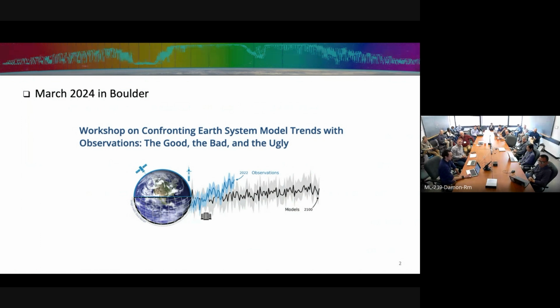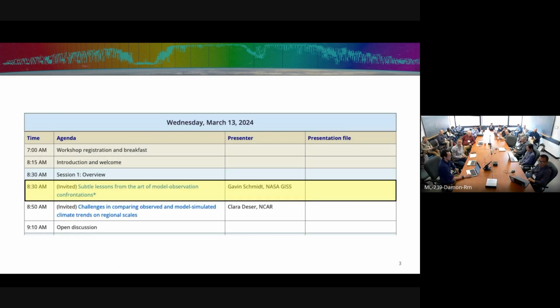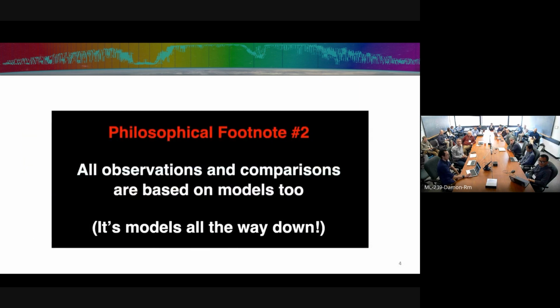The very first talk was given by Gavin Schmidt, who's the director at NASA GISS, and it was about lessons learned from a long time of doing these comparisons. Gavin made one really good point, which he called a philosophical footnote, which is basically saying that all observations and comparisons are based on models too, or in other words, it's models all the way down.